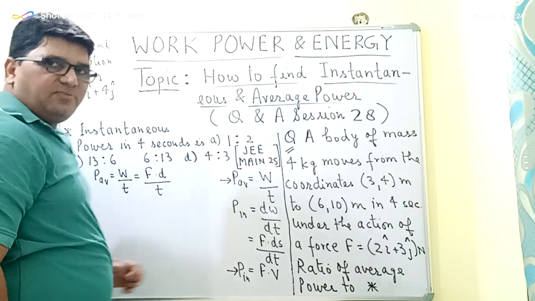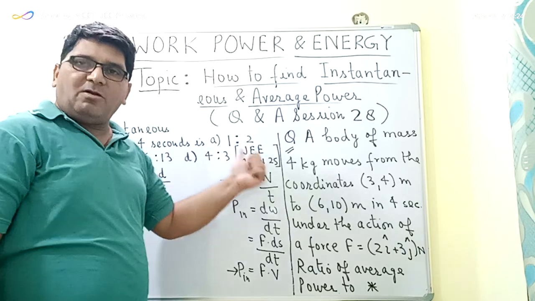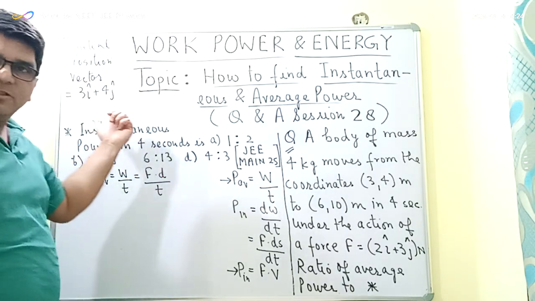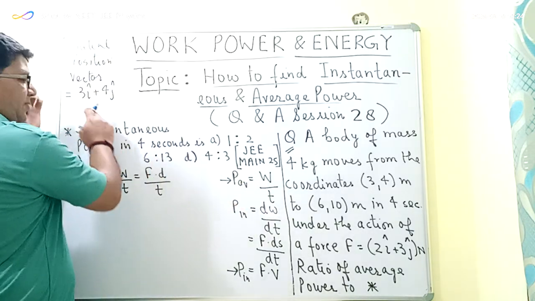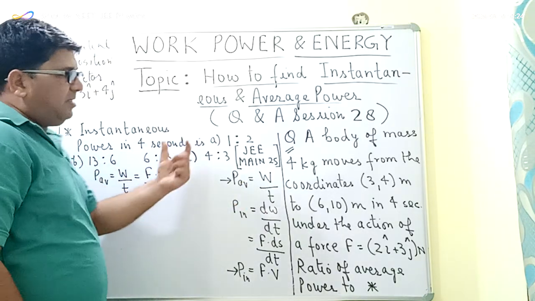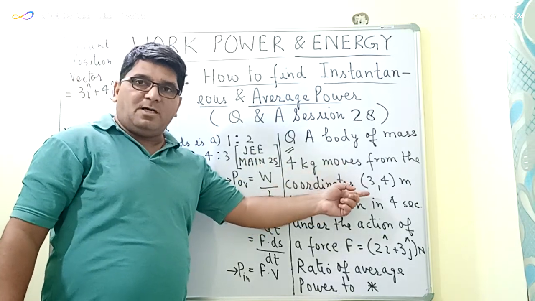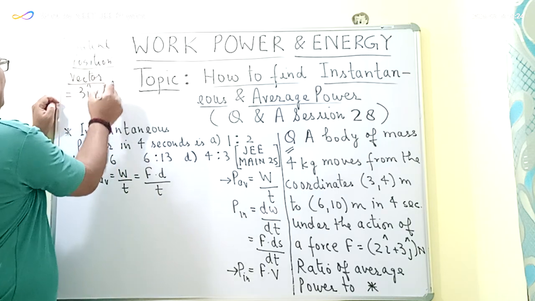See, i cap is the unit vector along the x-axis and j cap is the unit vector along the y-axis. So I have defined the position of this body in terms of this position vector.